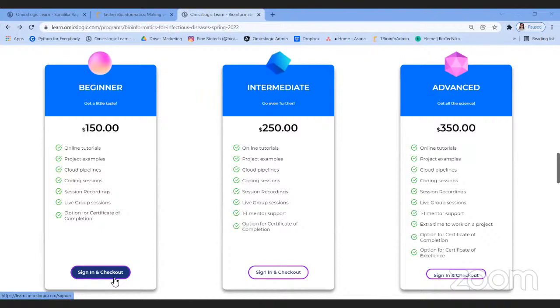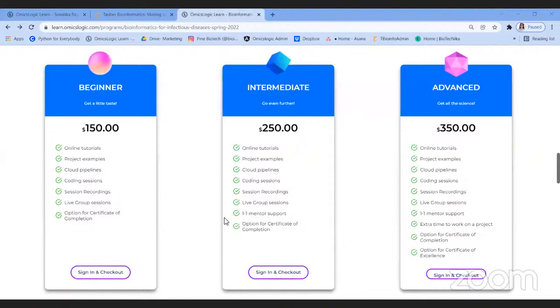So our marketing executive Sparshthar will send you a coupon code that will give you access to the early bird offer, with which you can enroll in the program, picking any of the levels you would like.